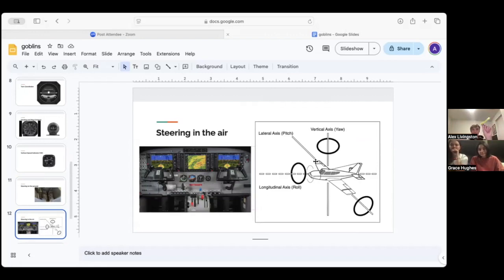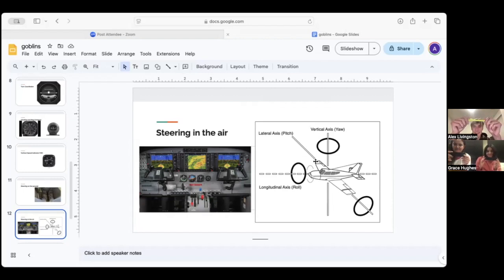If you point your pencil straight in front of you and you twist it, this is your longitudinal axis of a plane, and this is your roll. Your roll is when you're banking, you're tilted. And then if we rotate it with both hands, this is now our pitch.